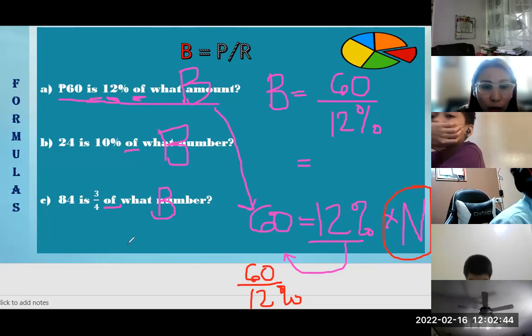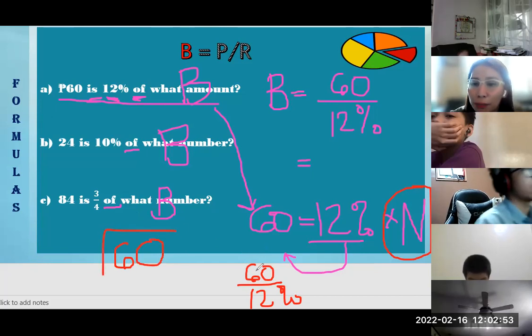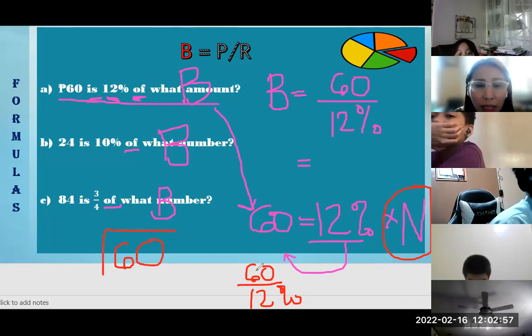Okay, so katulad nito, in the future, you are not allowed to use calculators. Again, the numerator will always be inside the division sign or the dividend. So 12 dito, 0.12. 12% is the same as 0.12.